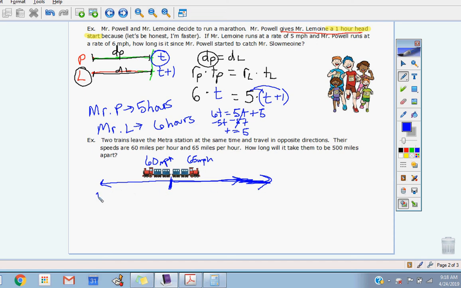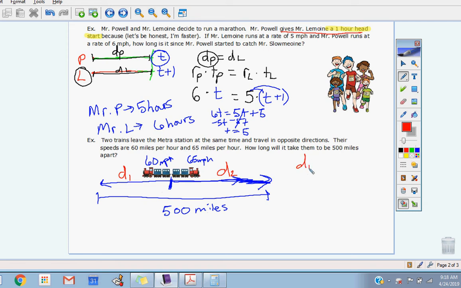But here's the deal. At some point, according to the problem, they will be 500 miles apart. Well, now what do you go to? There's a distance by this train, and there's a distance by this train. Distance 1 and distance 2.